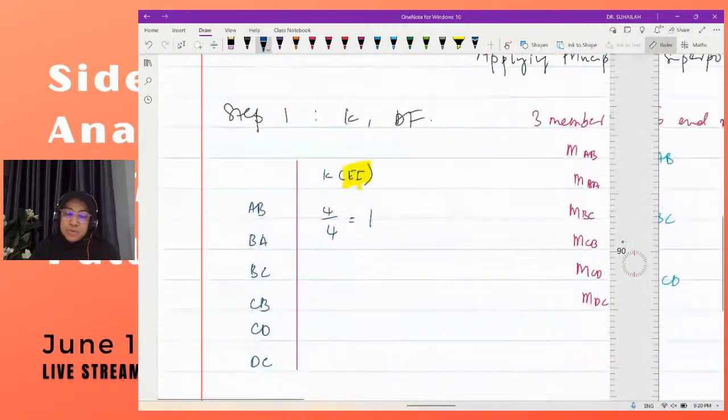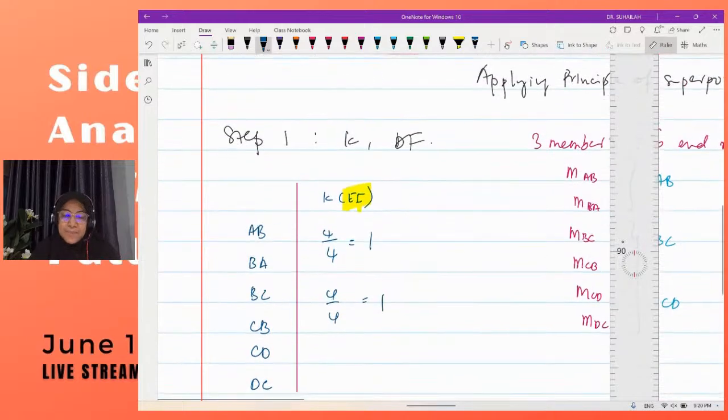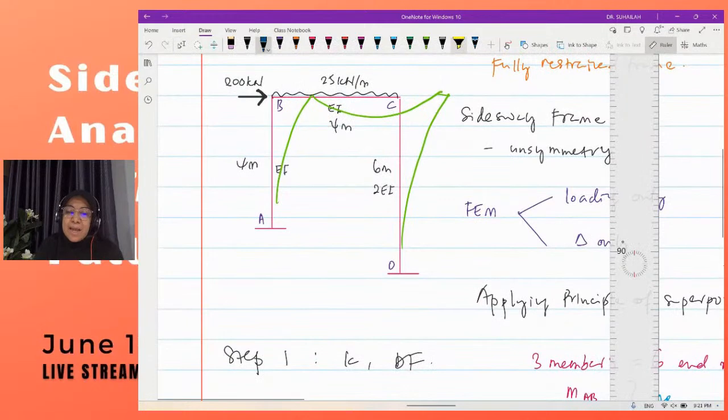we also use 4 divided by 4. This is equivalent to 1 as well. And for member CD, the length is 6 meters.